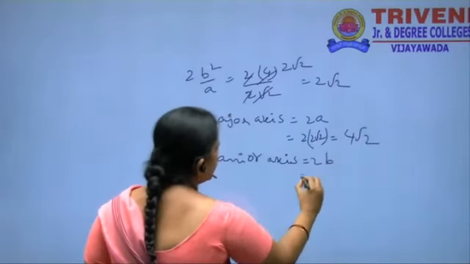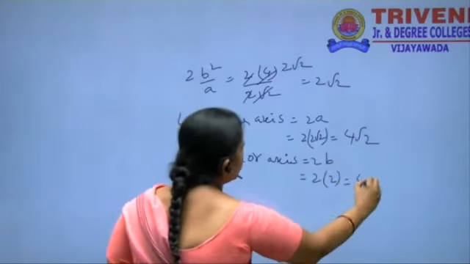Here the minor axis is 2b, that is equal to 2 into 2, that is equal to 4.